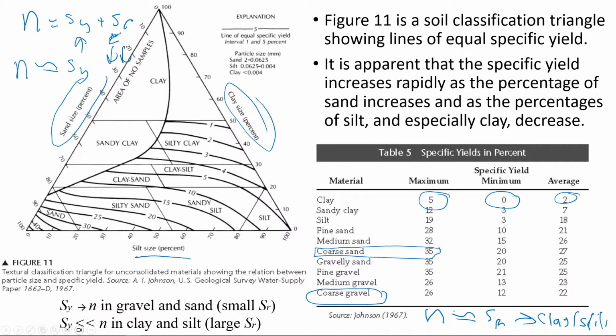And we will look at these things in more detail later. But just know this, that clay will have a very high specific retention, and sand and gravel will have very high specific yield.